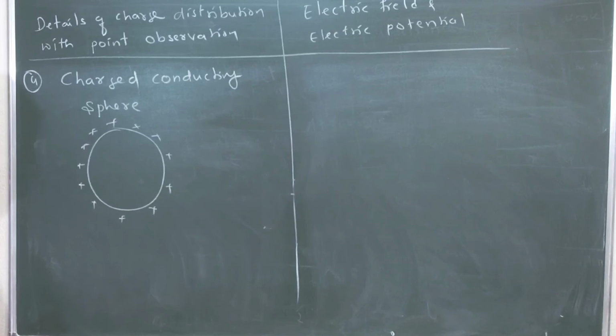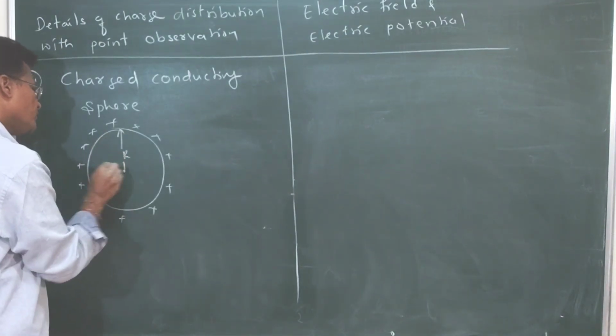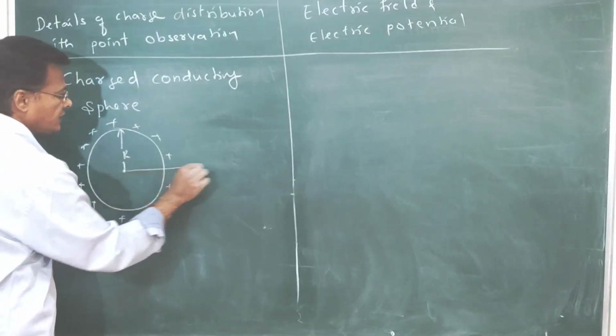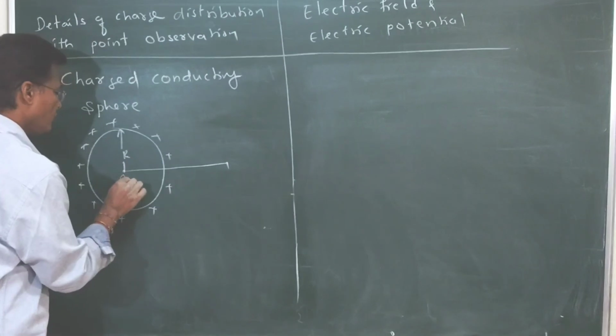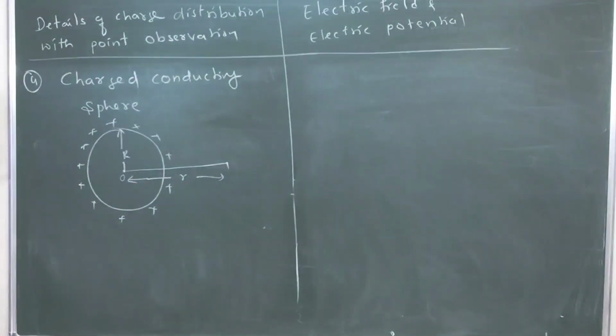We take the radius r from the center O to the point somewhere, that is r.